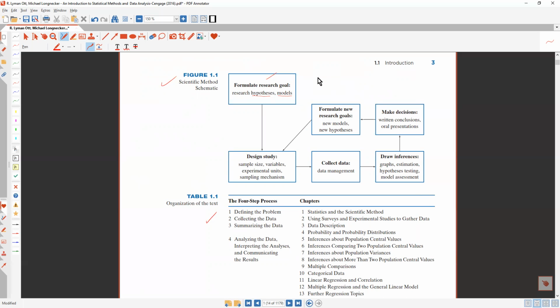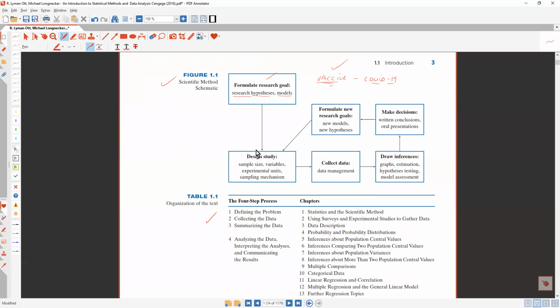Perhaps you think that a given vaccine will prevent COVID-19. Will the vaccine work? Well, that's an example of a research goal, right? You want to develop a vaccine that will guard against COVID-19. Your research hypothesis in general could be that the vaccine is going to work. That's an example.